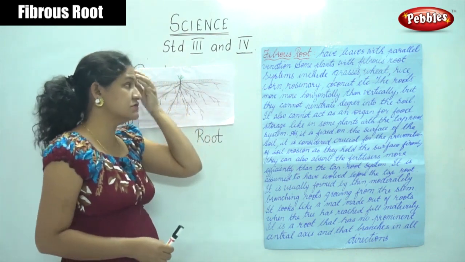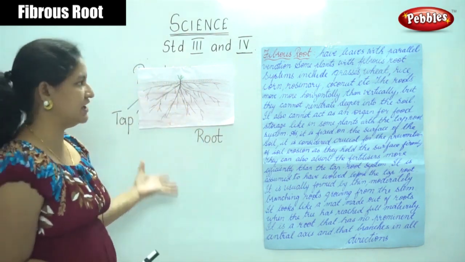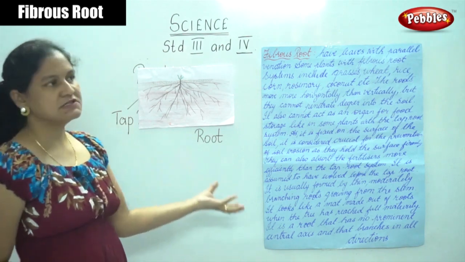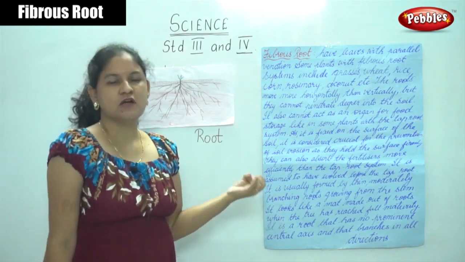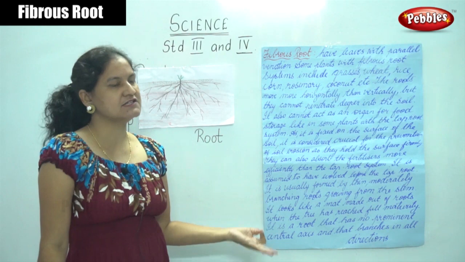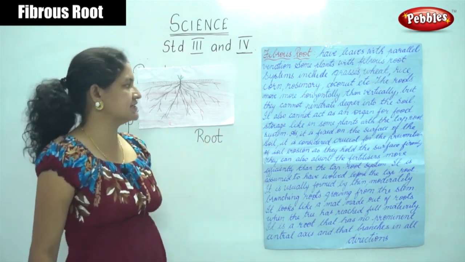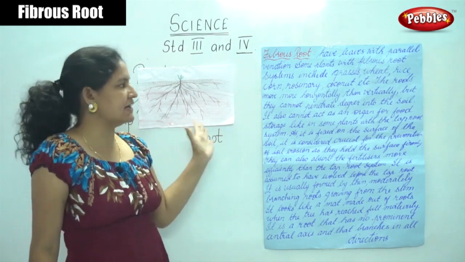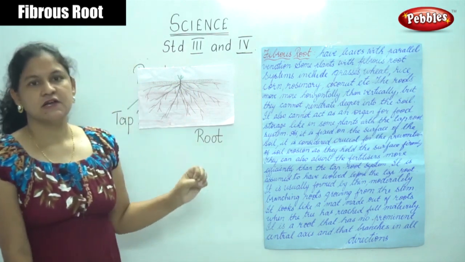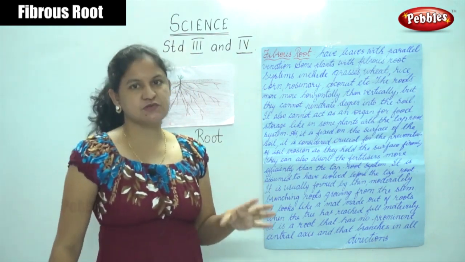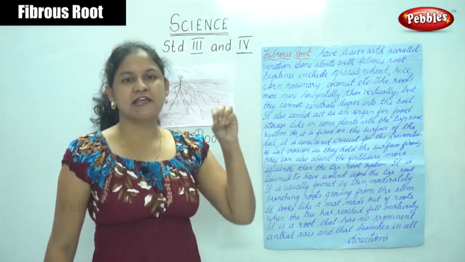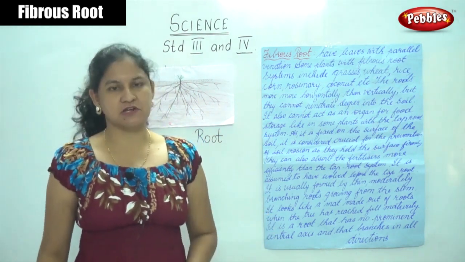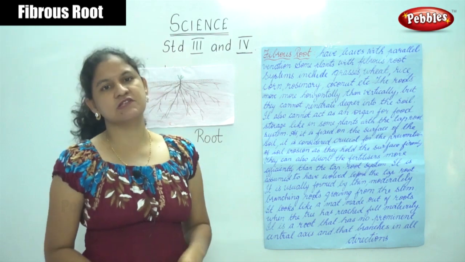So the fibrous root has leaves with parallel venation, and the plants that have fibrous root are grasses, wheat, rice, rosemary, coconut, etc. The roots move more horizontally than vertically, and if you compare a fibrous root to a taproot, a fibrous root cannot penetrate deep into the ground and it remains on the surface.